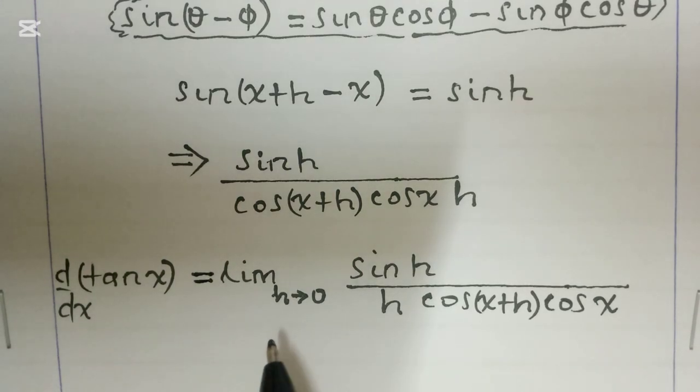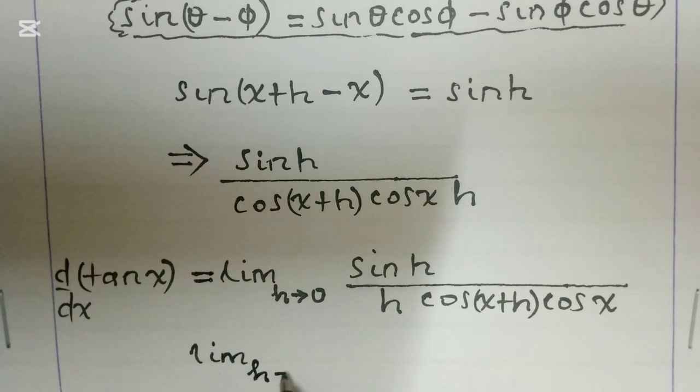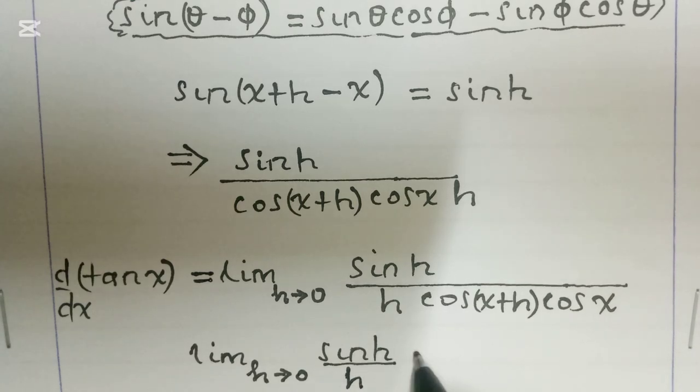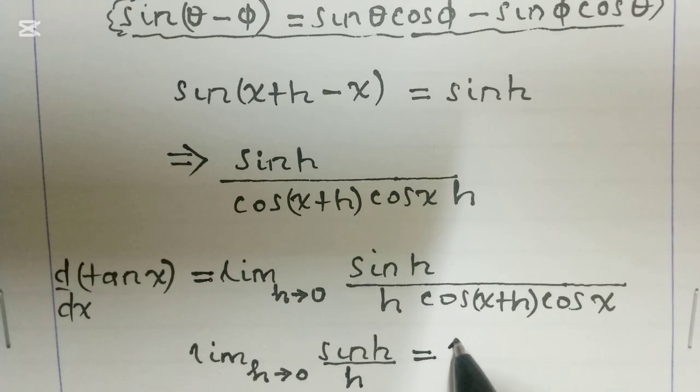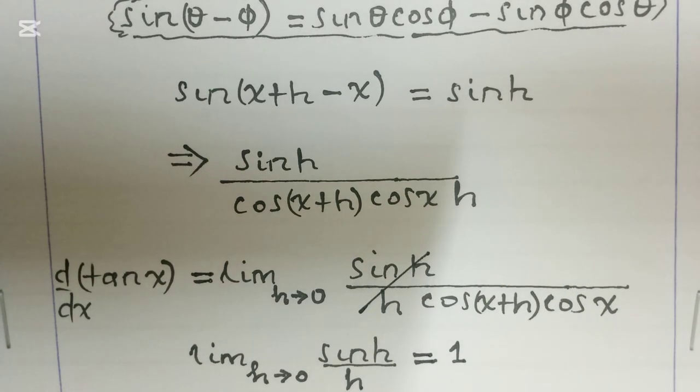So, guys, with that, from what we call derivative from first principles, the limit as h tends to 0 of sin h over h is usually 1. So this is now going to be 1.